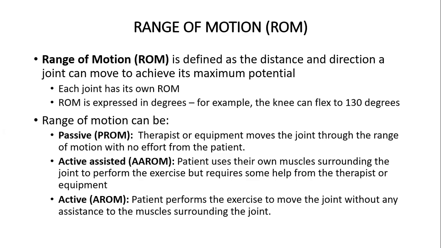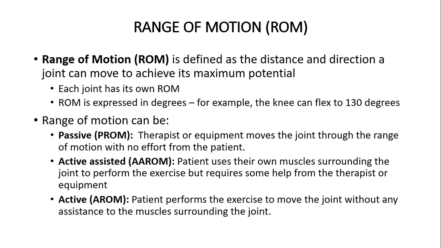So I use some outside help to bring it up through its available range of motion. So I'm actively moving my arm through what I can do, but I'm completing it with assistance. So active assisted range of motion means the patient uses their own muscles to perform the exercise, but they require some help from the therapist or equipment to go through their full range of motion.